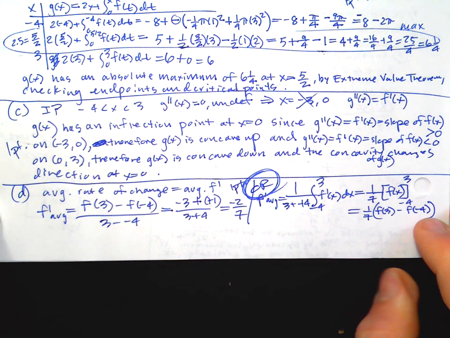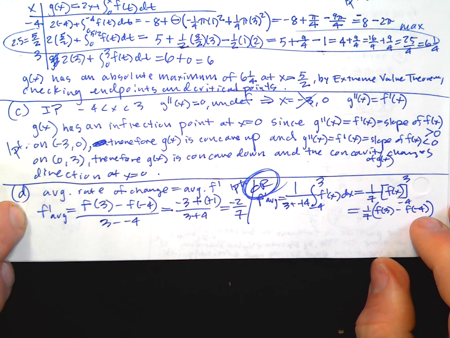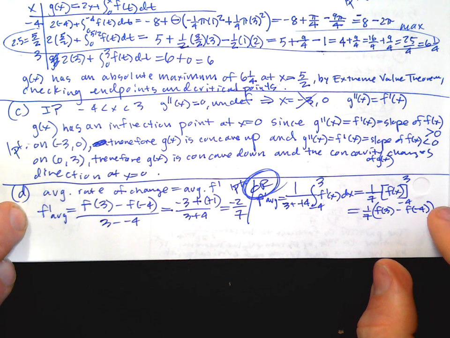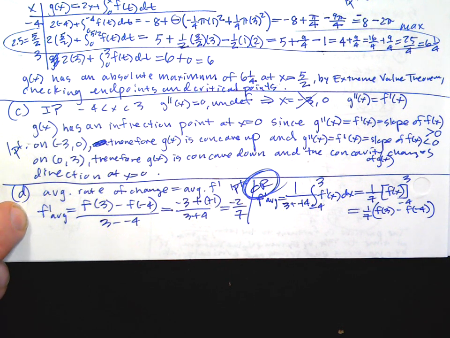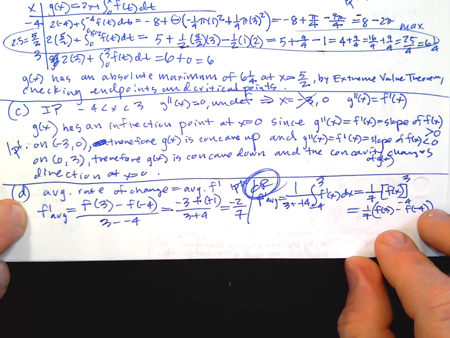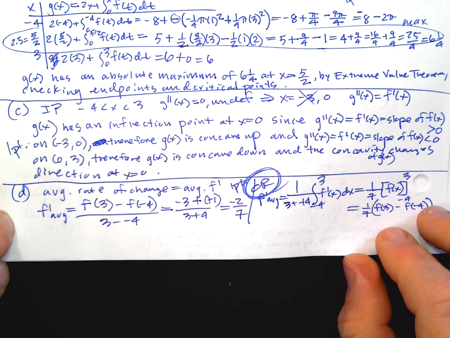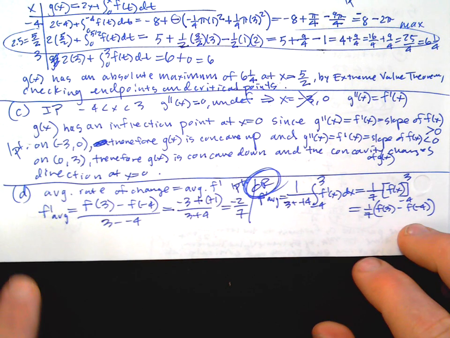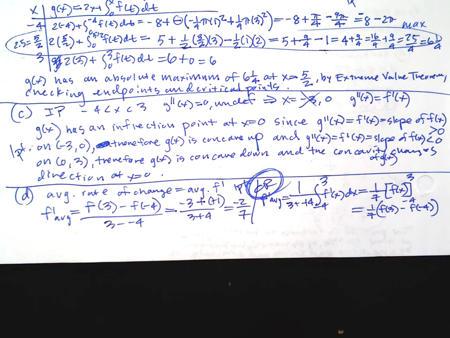Okay, it says there is no point C for which f prime of C equals the average rate of change. So the guarantee of the mean value theorem doesn't work. Explain why the statement does not contradict the mean value theorem. It sounds like it does, right? The only way it wouldn't contradict the mean value theorem is if we weren't allowed to use it, okay?